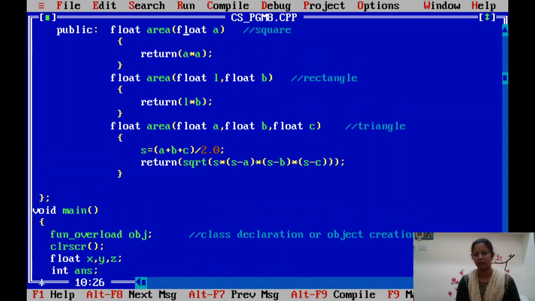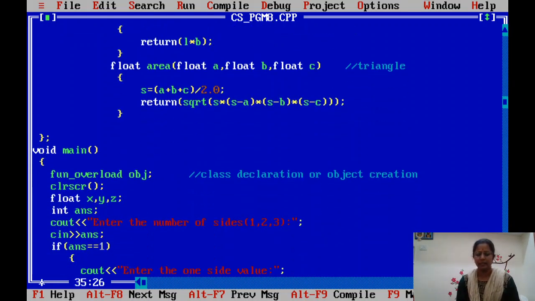See, here a one-argument function is defined; that x value will be copied into a, and that a will be multiplied internally. Okay, your original value will not be changed. Only the operation is performed on the formal argument, and the actual argument remains the same copy. That is your call by value method.